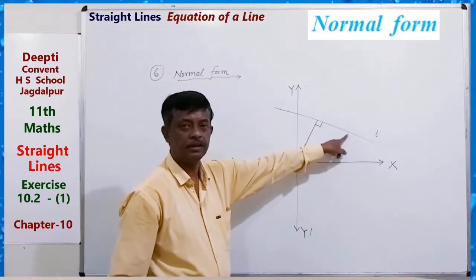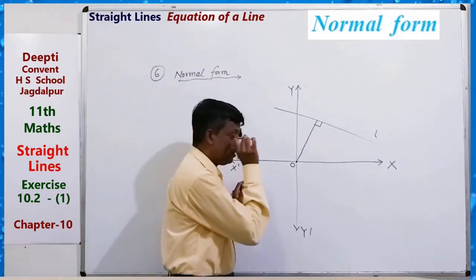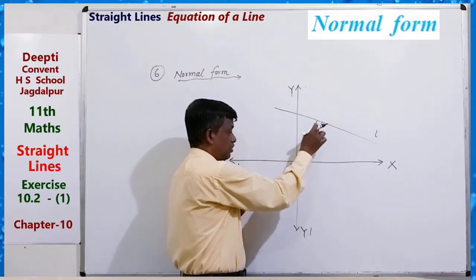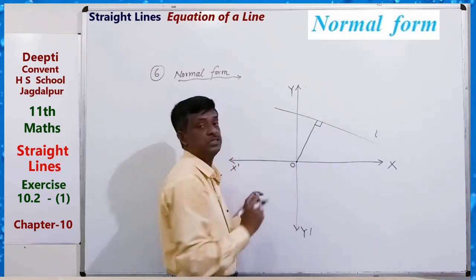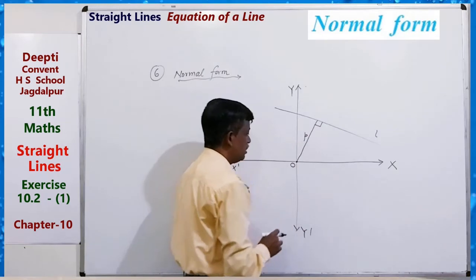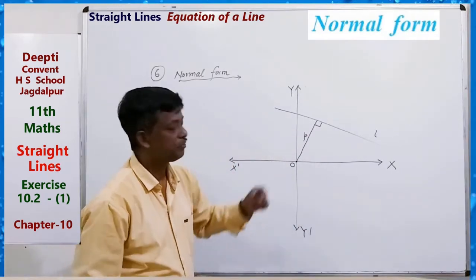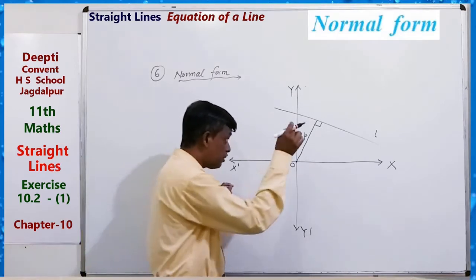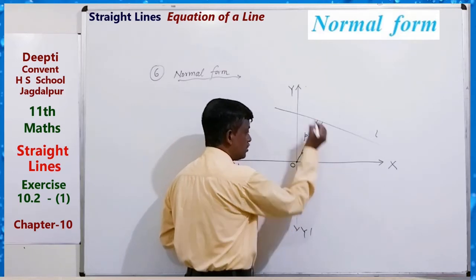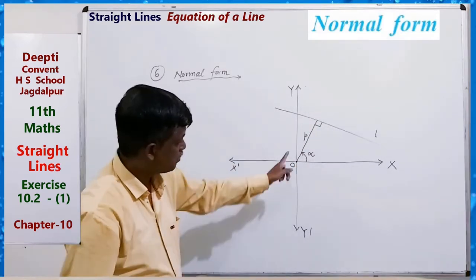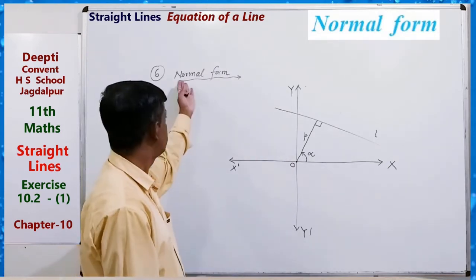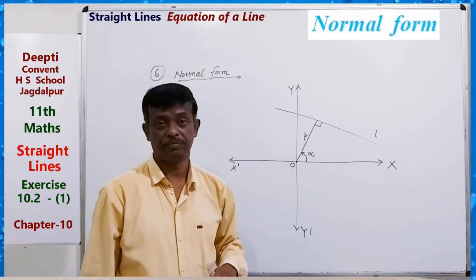This is our line, and the perpendicular distance of this line from origin is P. This is the perpendicular distance. And this perpendicular makes angle alpha with the positive direction of x-axis. Then we can write the normal form. This is called normal form.